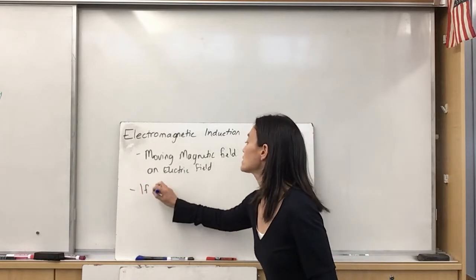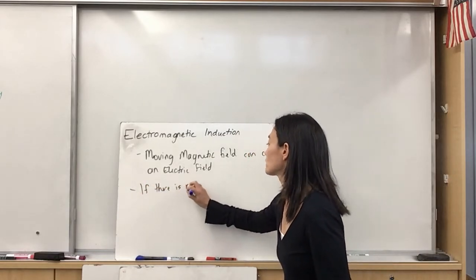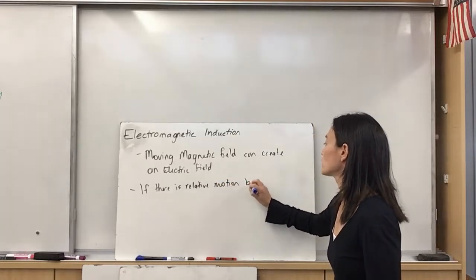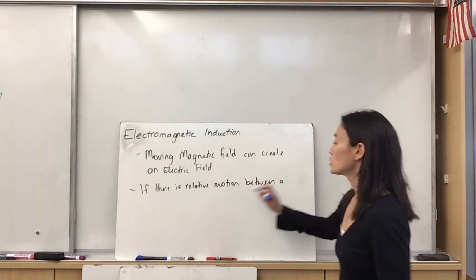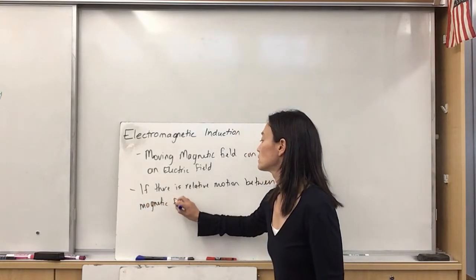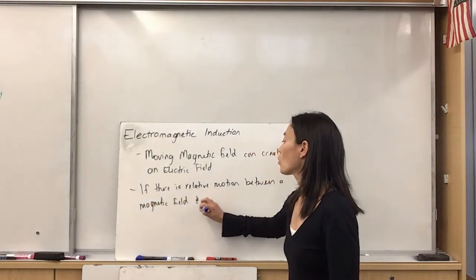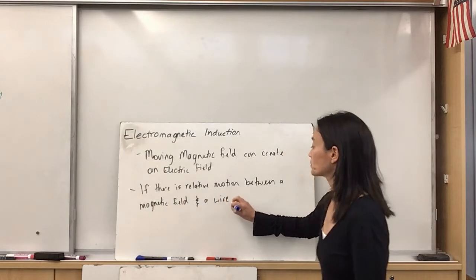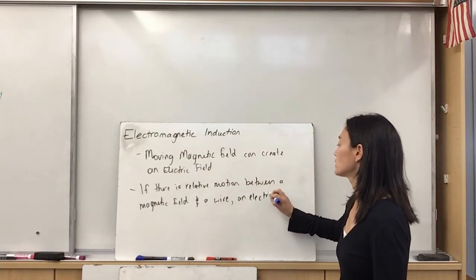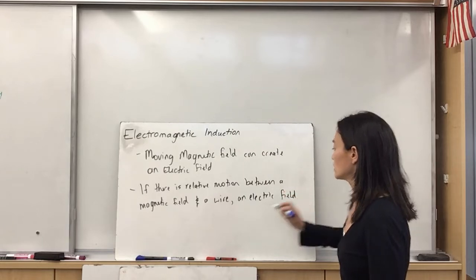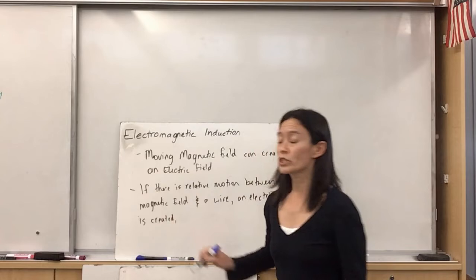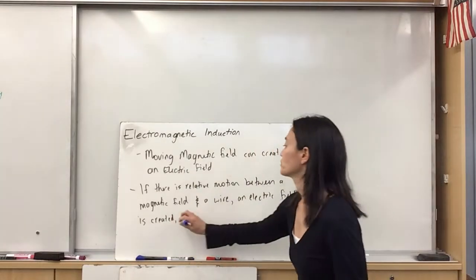So if there is relative motion between a magnetic field and a wire, or just a conductor, an electric field is created which causes current to flow in the conductor.